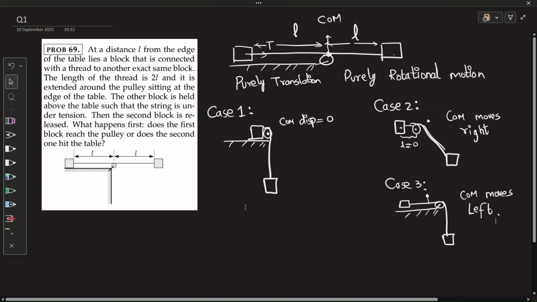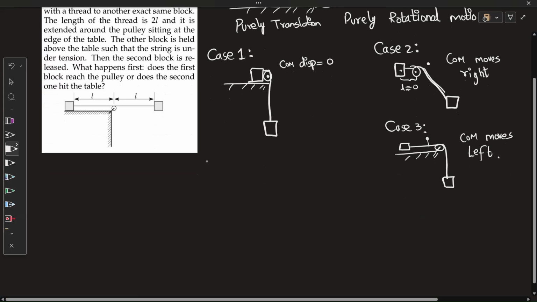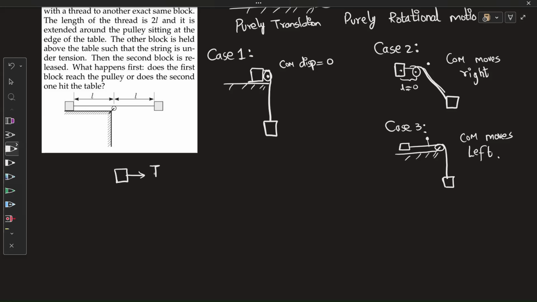Now, let's analyze the case. During a particular moment, on the left block, the tension is acting in this direction, correct? Whereas in the right block, it makes an angle theta over here and a block here.